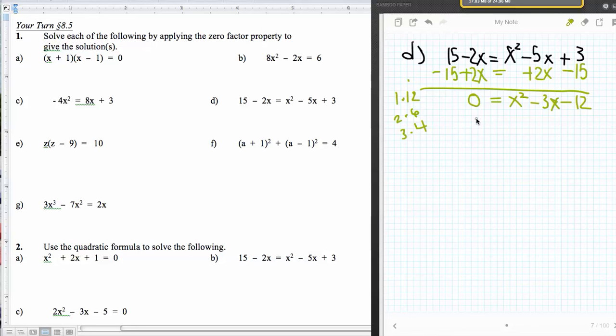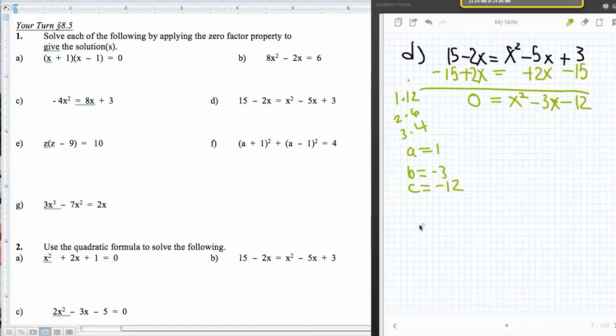So that's not going to work, is it? In this case, because I couldn't factor it, there are no factors of 12 that give me a difference of 3, I would actually have to use the quadratic formula on this, where a is equal to 1, b is equal to negative 3, and c is equal to negative 12.